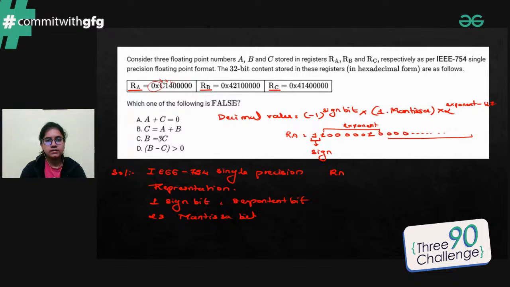So RA equals minus 1 to the power 1, into, so this number is 130. This is the binary form; if you convert this number into decimal form, it will be 130.